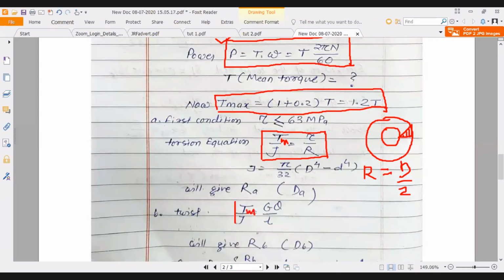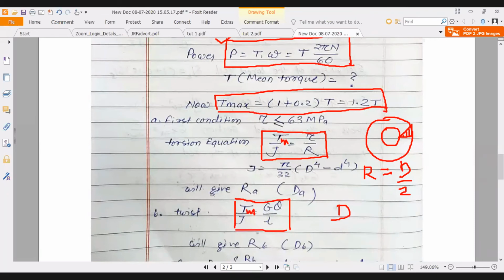So again in this relation the unknown is only capital D. Okay, nothing else is there. So again you are able to calculate the D from this equation.